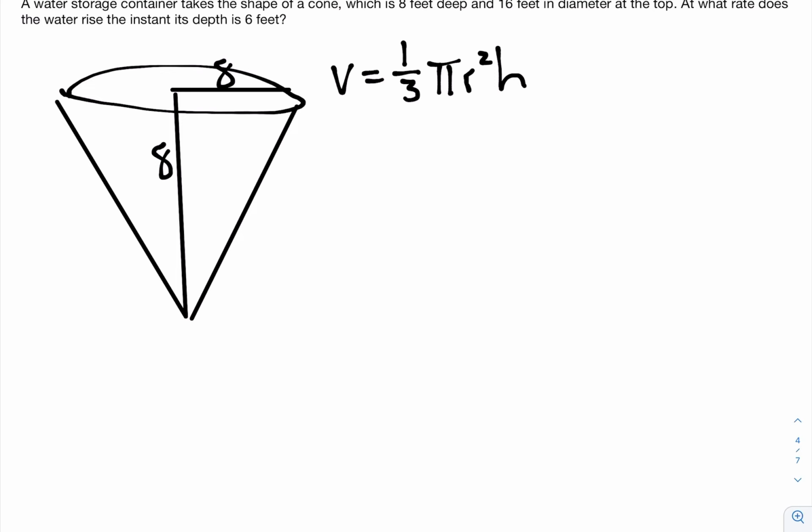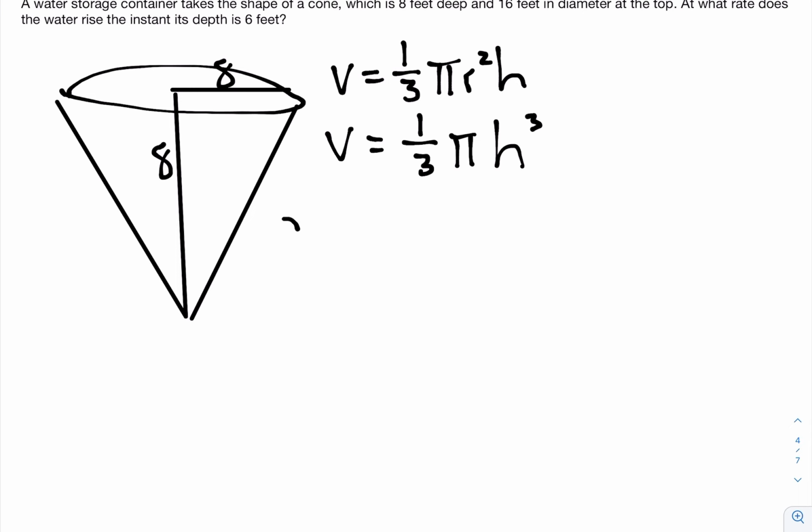Well, we know that they're both going to be the same thing. So instead of saying r squared times h, we can just say h cubed. So the volume is just 1/3 pi h cubed, because the radius and the height are the exact same thing. Even though I didn't draw it to scale, the height is the same dimension as the radius.